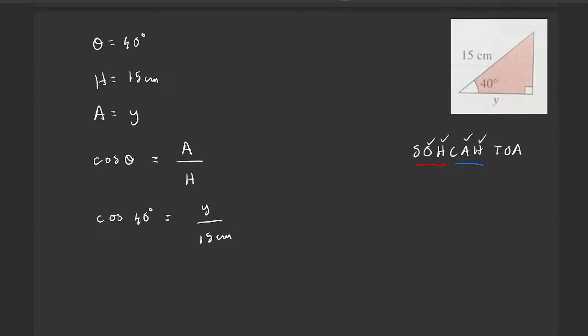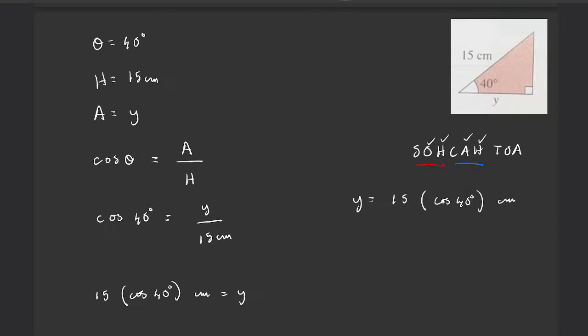We want to find y, so we need to transpose this 15 cm from the denominator to the other side of the equal sign, so it becomes a product. So we get 15 times cos 40 degrees, in cm, is equal to y. I can rewrite my equation: y is equal to 15 times cos 40 degrees, in cm.